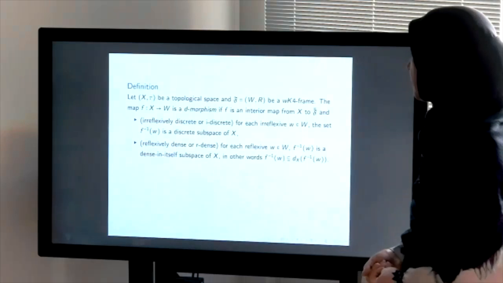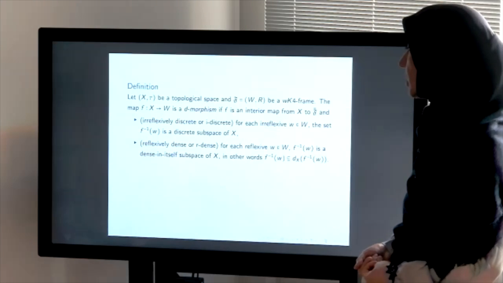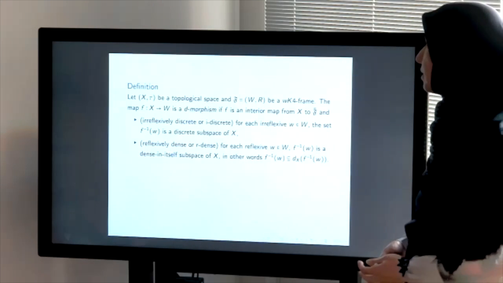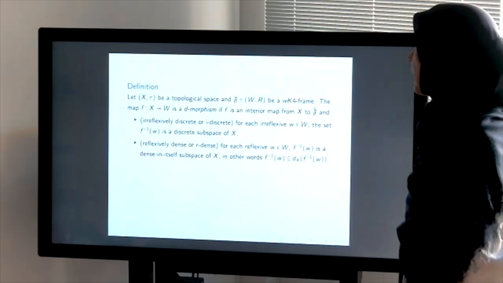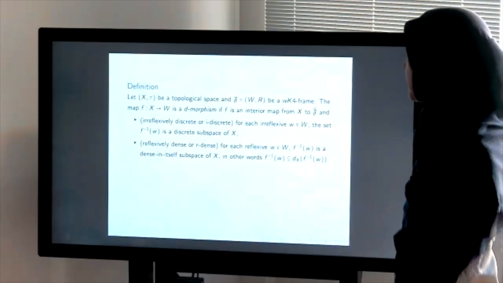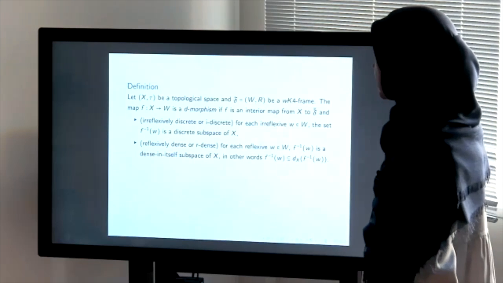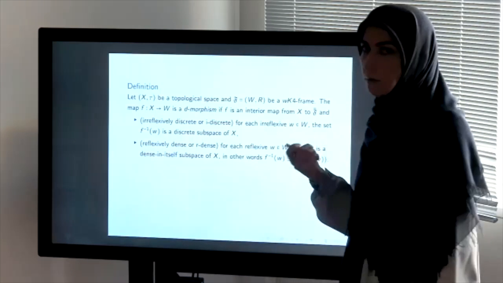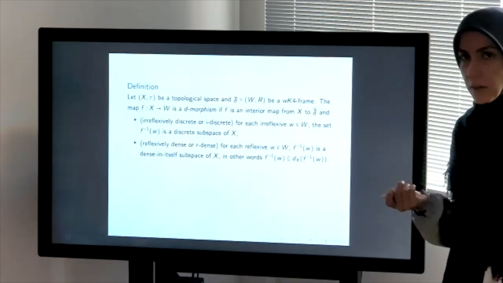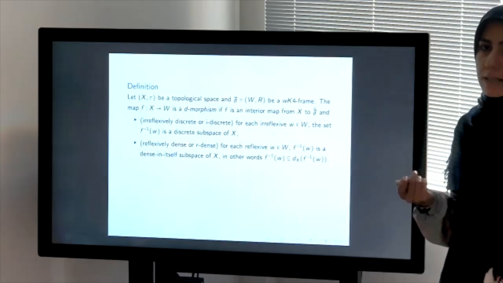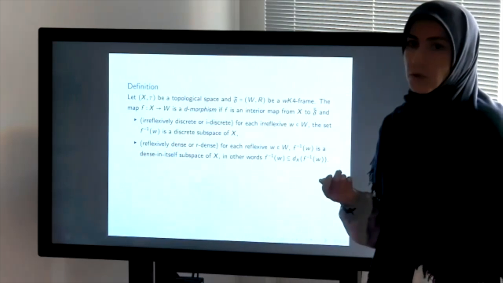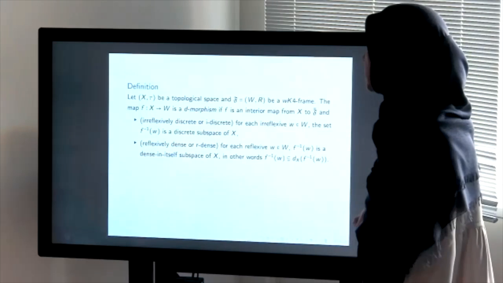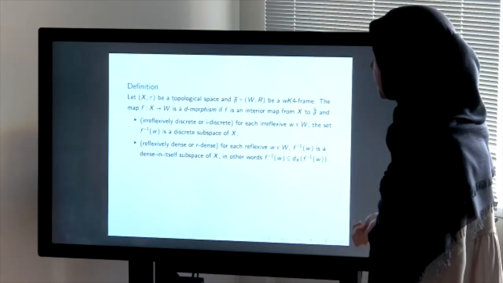So we can define a function from a topological space X to a WK4 frame F in this way. First, f should be an interior map from X to F bar. F bar is the reflexive closure of F, and we can see it as an Alexandrov topological space. So we can consider f as an interior map from X to F bar.